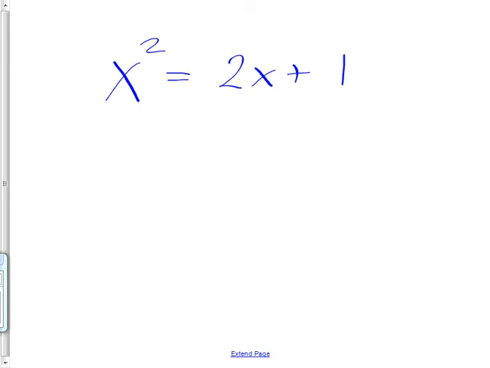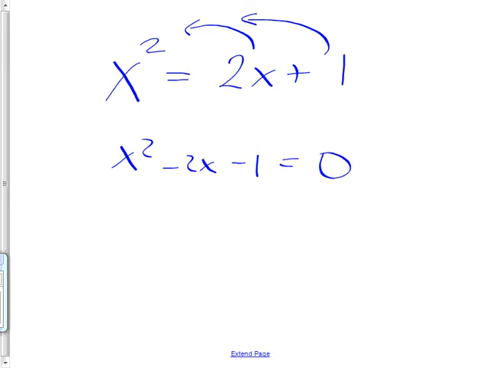Come on, somebody help me. Make it equal to 0, you are correct. I'm going to bring these guys both over to this side. X squared minus 2x minus 1. Now, can you factor? Is that an okay way to solve these? Yeah. In this case, can anybody figure out how to factor it?